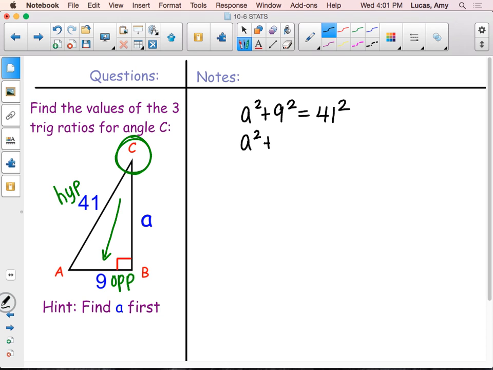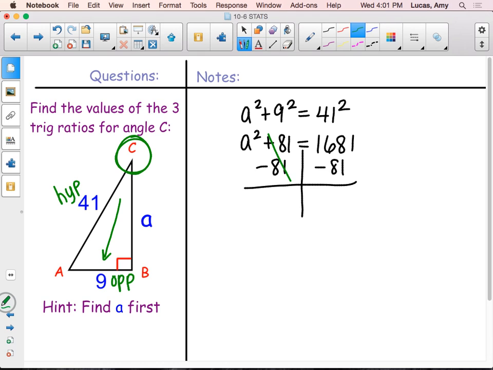So 9 squared is 81, 41 squared is 1,681. So if I subtract 81 on each side, A squared equals 1,600.